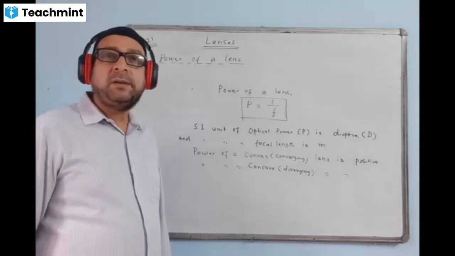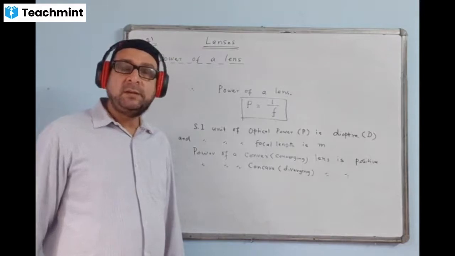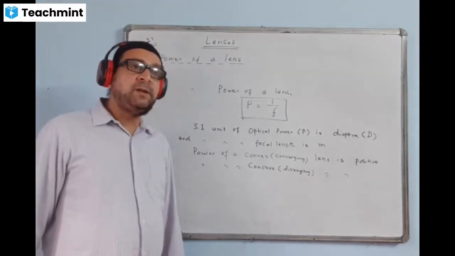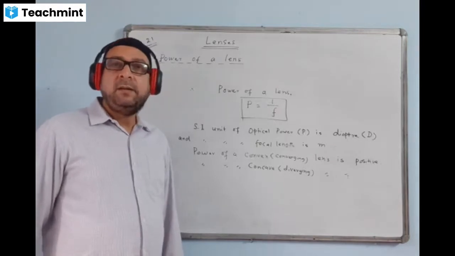The power of a lens decreases when immersed in a denser medium, whereas focal length increases.